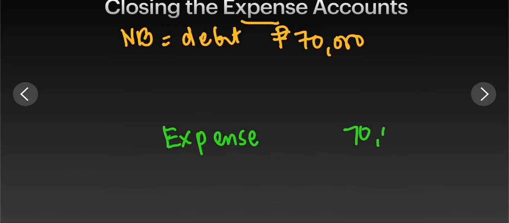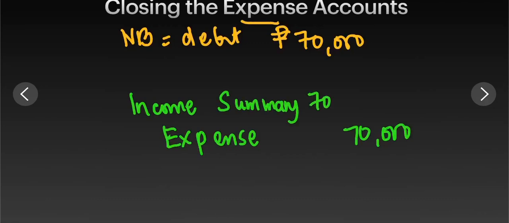By how much? 70,000. Again, closing procedure is transferring the balance of one account to another account. And where are we going to transfer the 70,000? In closing the expense accounts, we will use the temporary account income summary. You will debit it for 70,000.